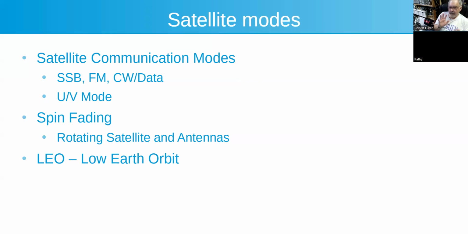So you will see the signal fade in and out because of that. People that really do a lot of satellite work will use crossed antennas where there's one set up on the same boom. One will be vertical and one will be horizontal, so it can compensate as the satellite rotates.